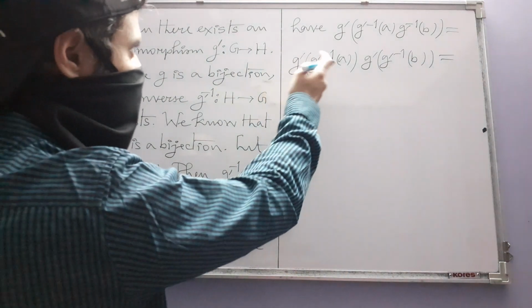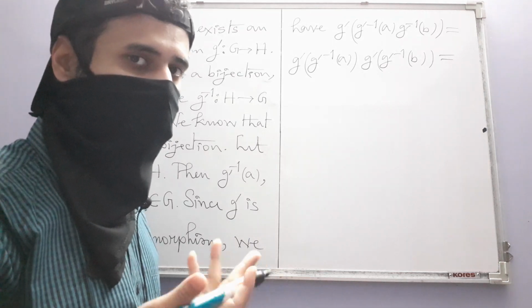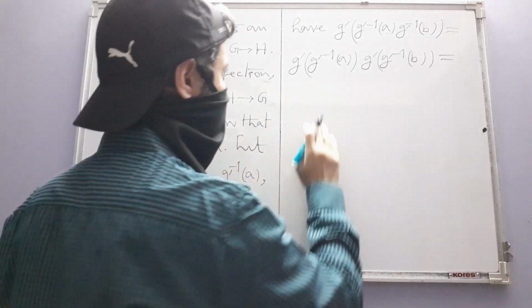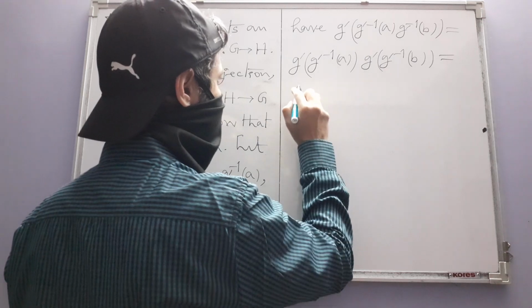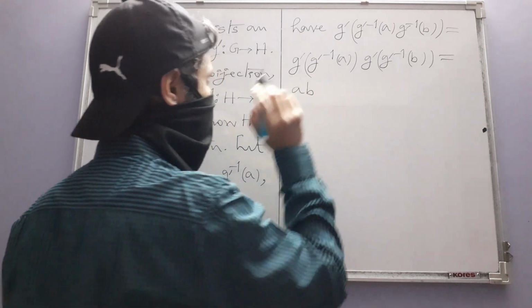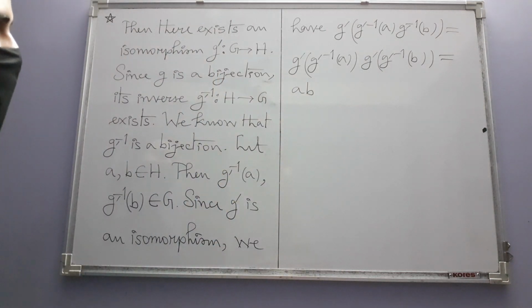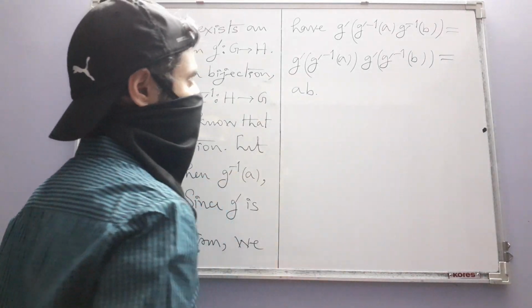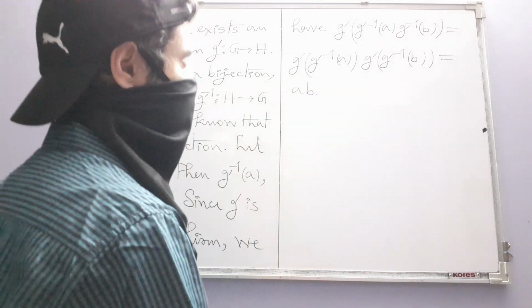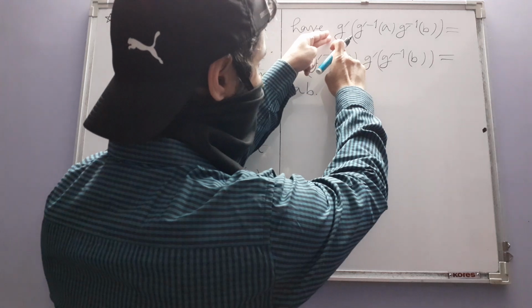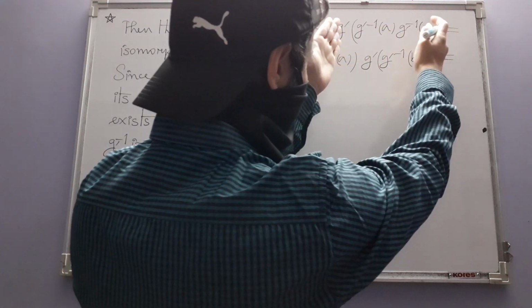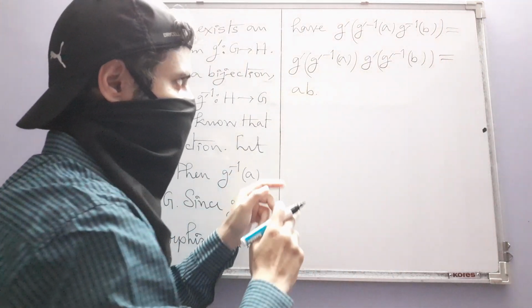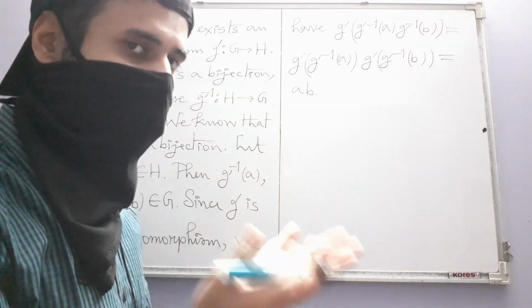And because this g prime and g prime inverse, they will cancel each other, so you will be left with ab. Now note that the g prime image of this product is ab. So from this equation we can write next this.